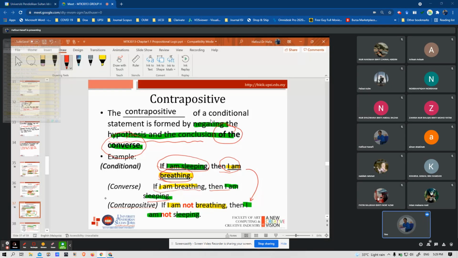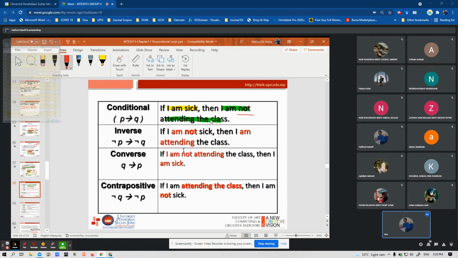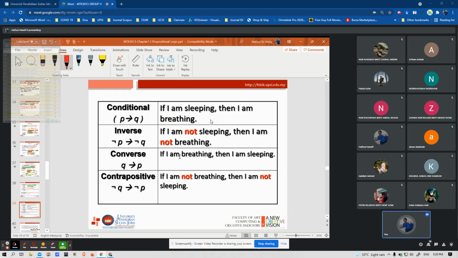For the contrapositive, if I am not breathing, then I am not sleeping. This one is for the conditional, inverse, converse, and contrapositive.